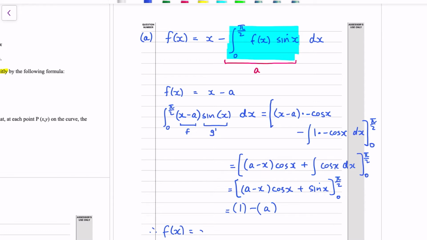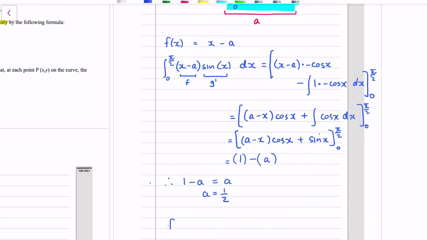Actually, I didn't need that at all. I just remember I called this whole integral equal to a. Therefore 1 minus a, which is what the integral came out to be, is equal to a. So a must be equal to a half.